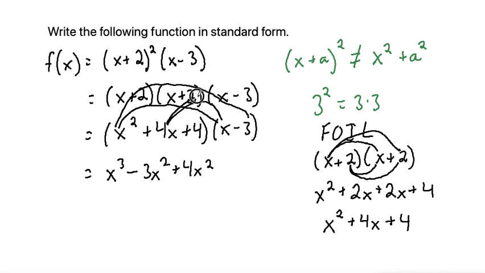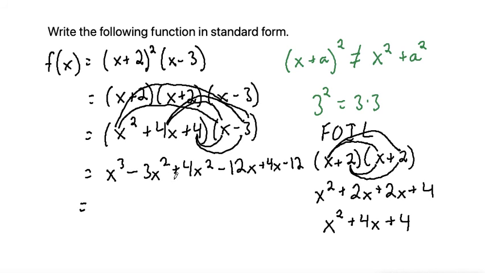And then 4x times negative 3 is negative 12x. Now I'm done with the 4x because I've multiplied it by everything in the second parentheses. I can move on to the last term, which is 4. Multiply 4 times x to make 4x, and then 4 times negative 3 to make negative 12. And now I've completed multiplying every single term out, and now I can just simplify.